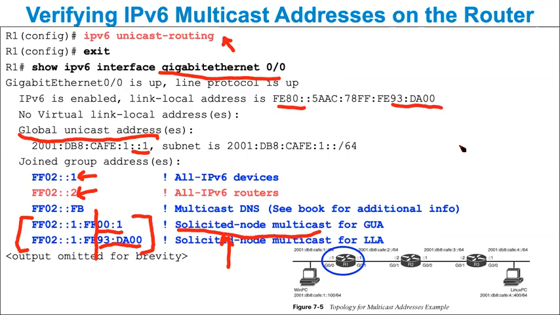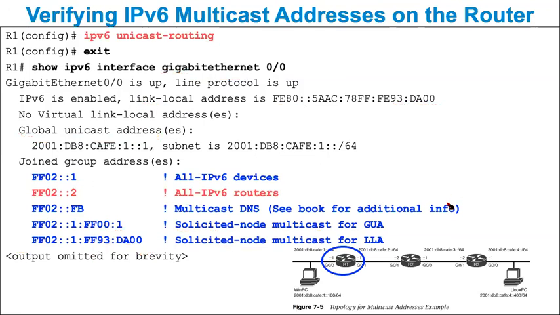We're going to talk more about this, but it has something to do with these last 24 bits being the same between its two unicast addresses, link local and global, and having solicited node multicast addresses. We'll talk more about that when we talk about solicited node.